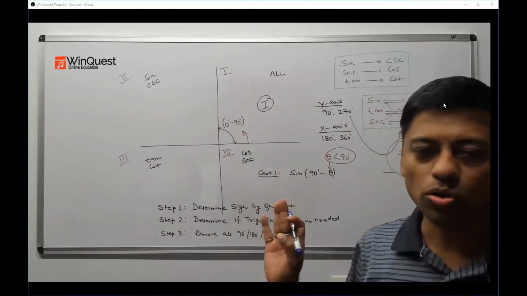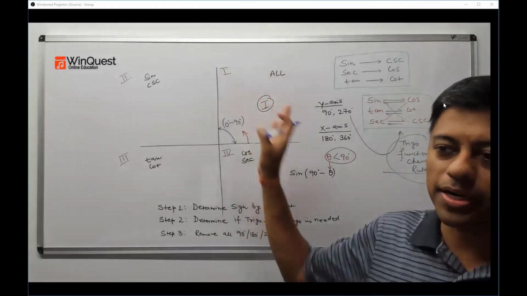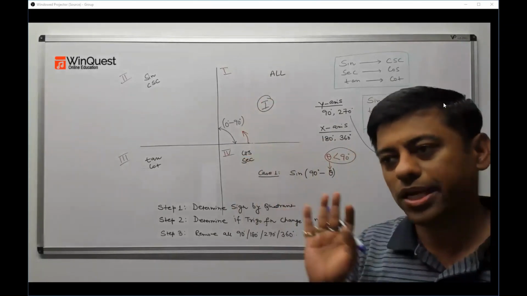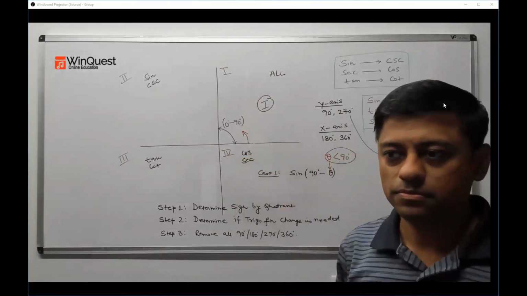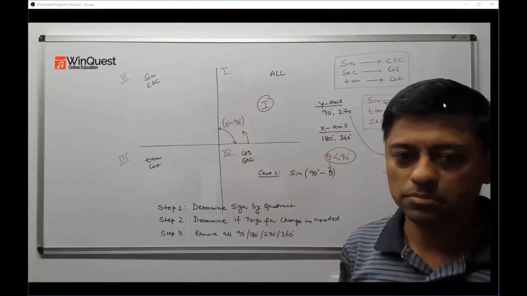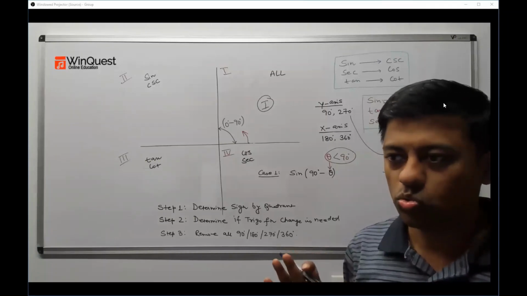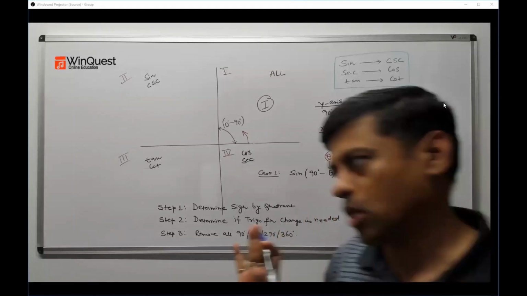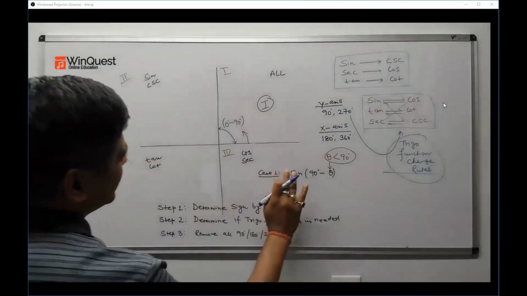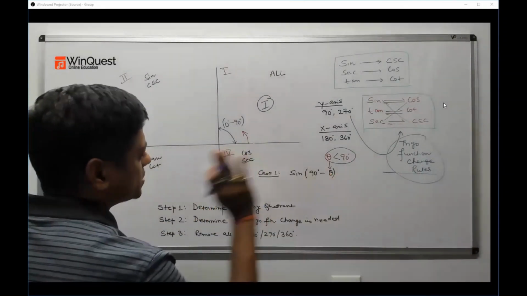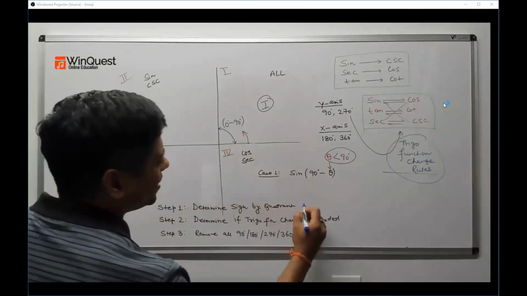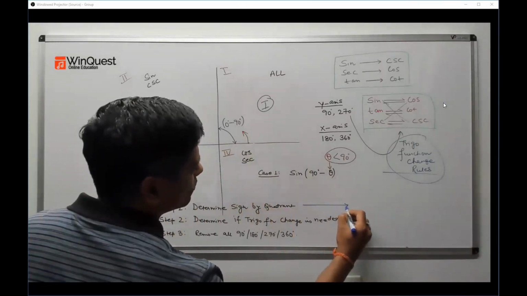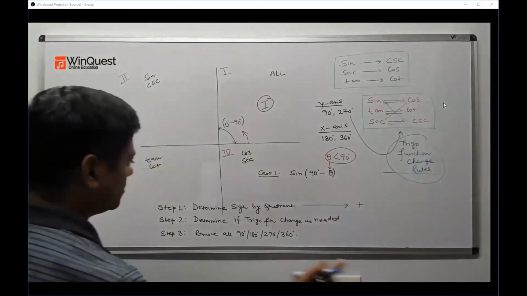So finally, in the first quadrant, it is going to take a positive value. Can I say that? Yes, it will be positive. So sine 90 minus theta, step 1 will give me one result which is going to be positive. That much I am clear.